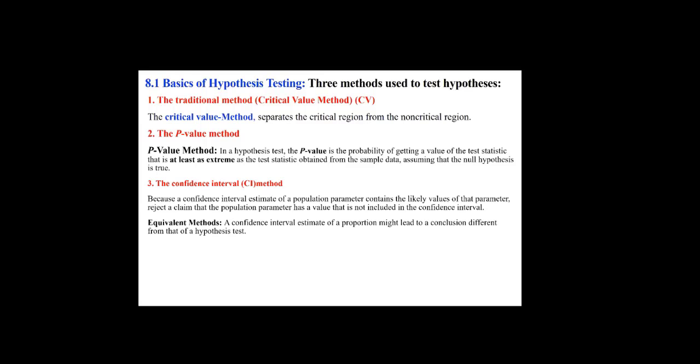Finally, there is this method of confidence interval. We've already done the confidence interval, and we know how to evaluate the confidence interval, but we're going to see the interpretation when it comes to the test of hypothesis. Because a confidence interval estimate of a population parameter contains the likely values of that parameter, reject a claim that the population parameter has a value that is not included in the confidence interval.